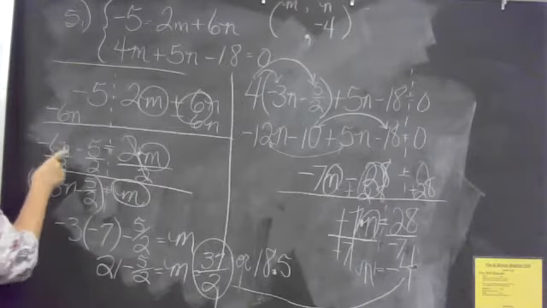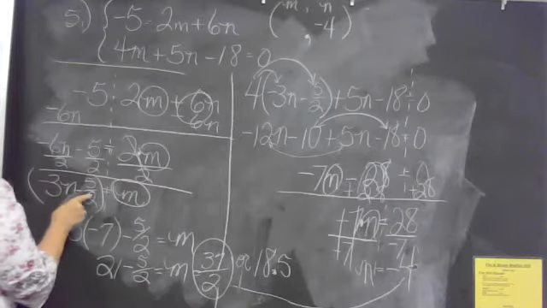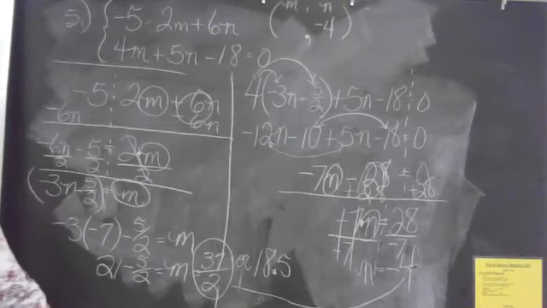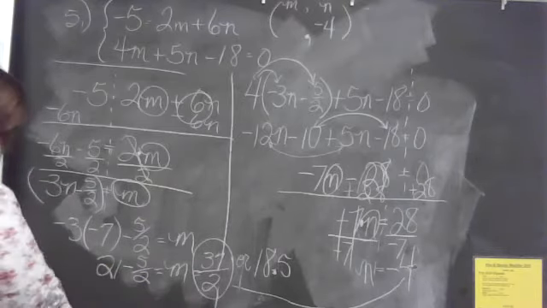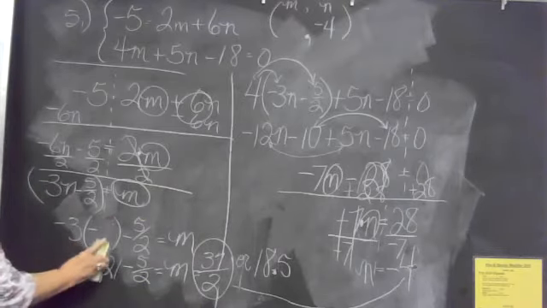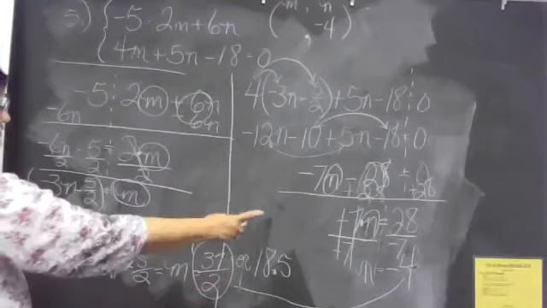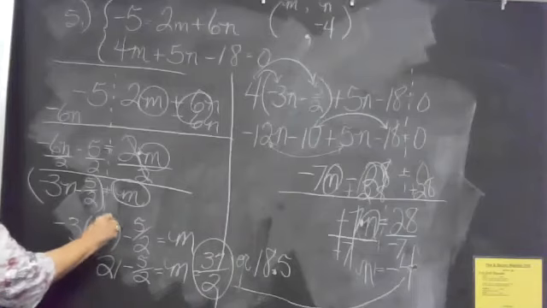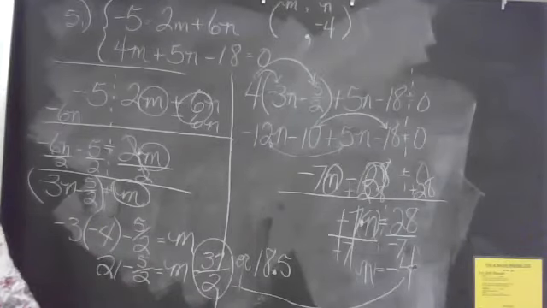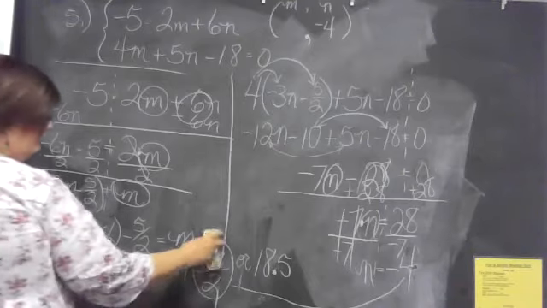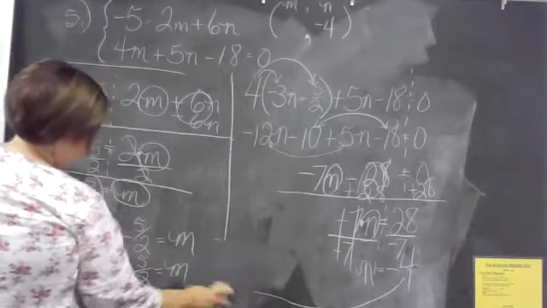This became negative 3n minus 5 halves equals n. So negative 3, oh, good heavens. What is n? It's a negative 4, not a negative 7. Good heavens. You got to plug in the right value. This is n equals a negative 4. Gotta watch out for me.